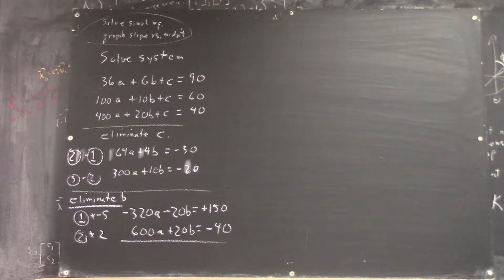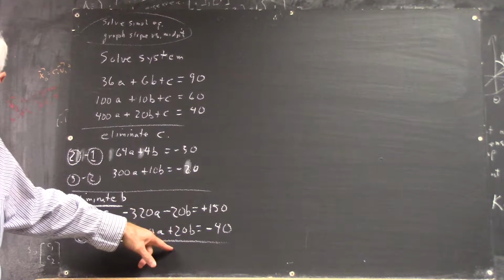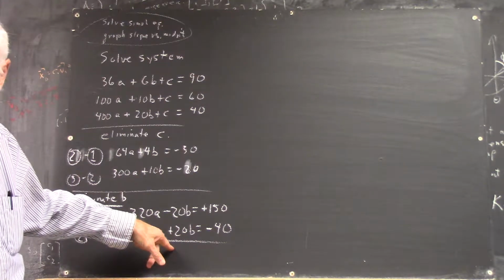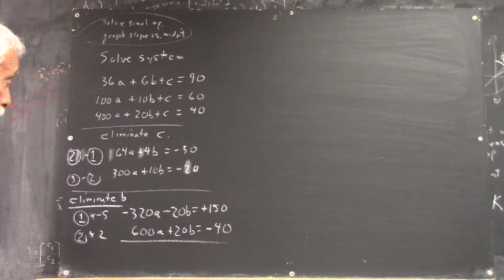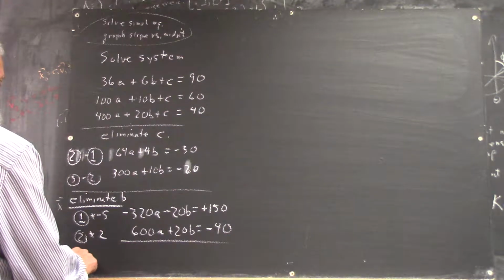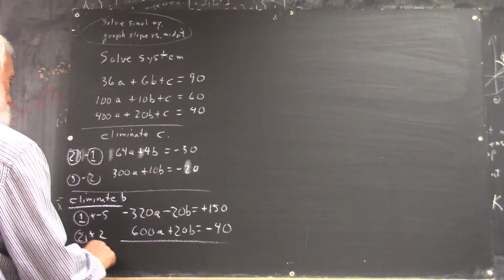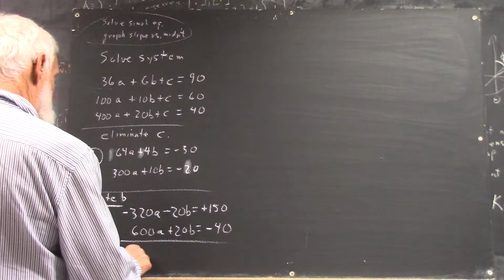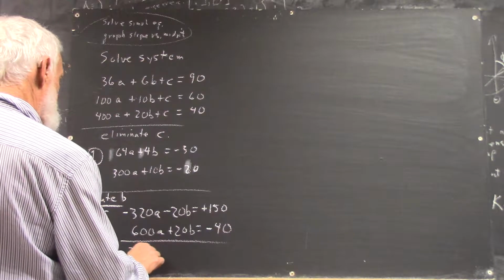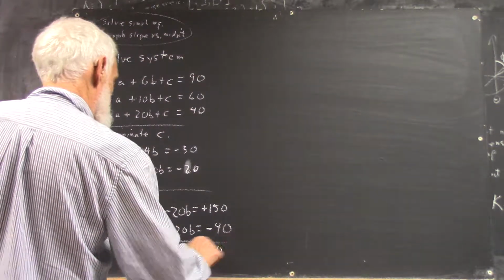Okay? Then when I add these, if I don't hurt myself in the meantime, the b's are going to go away, right? So I just do first equation plus second, and I get 280a equals 110.